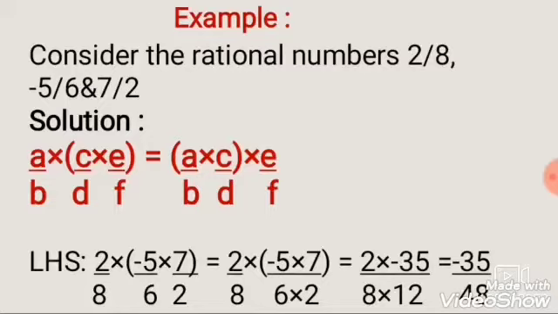So we get 2 into minus 35 divided by 8 into 12. Since 2 and 12 have a common factor 2, when we cancel 2 we get 1, and 12 becomes 6. So 1 into minus 35 is minus 35, and 8 into 6 is 48. So the LHS is minus 35 divided by 48.